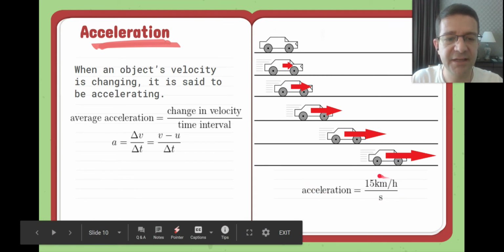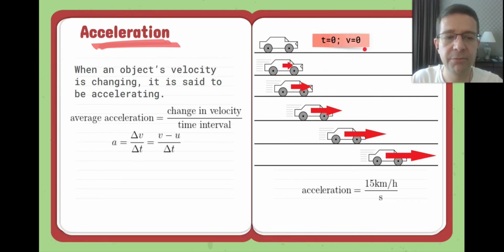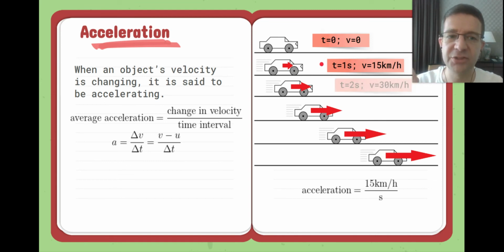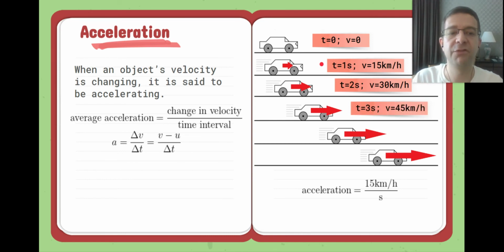So each second, we know that the velocity is increasing by 15 kilometers per hour. So if we start at time 0 at 0 kilometers per hour, then after 1 second, the car will be traveling at 15 kilometers per hour. After 2 seconds, it'll be traveling 30, and after 3, yep, you're right, it's 45 kilometers per hour.